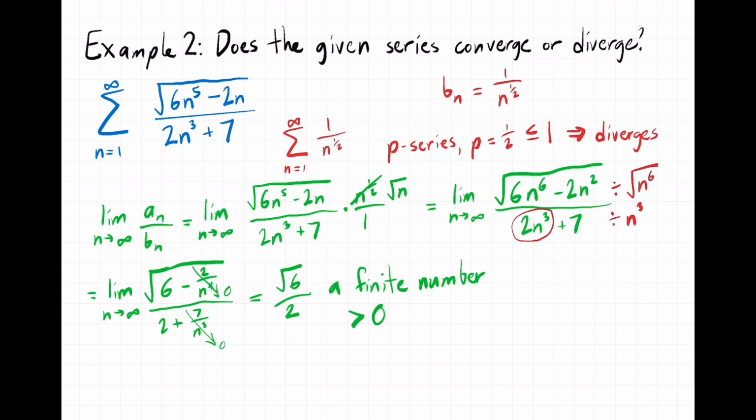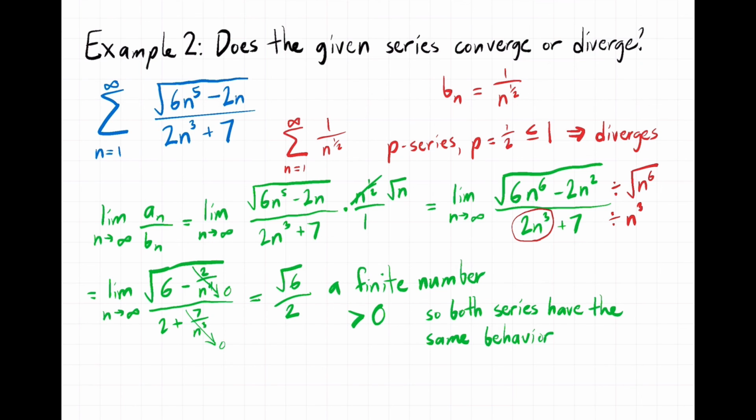That tells us that both series converge or both series diverge. And we've already figured out that our bn series, the sum as n goes from 1 to infinity of 1 over n to the 1/2 power, that's a p-series, with the p being less than or equal to 1, and that series therefore diverges.